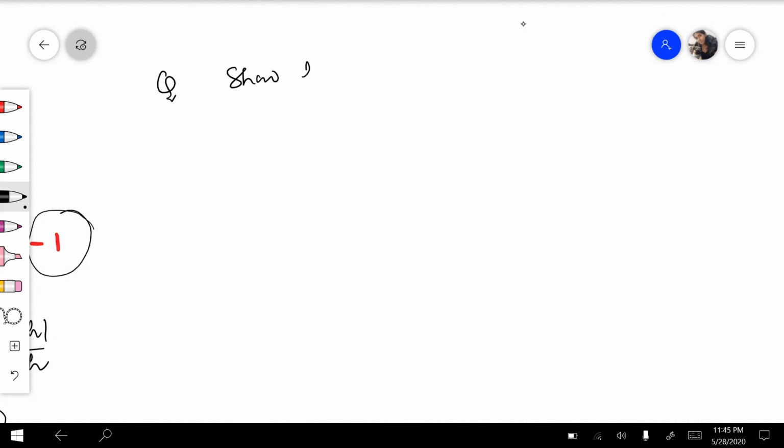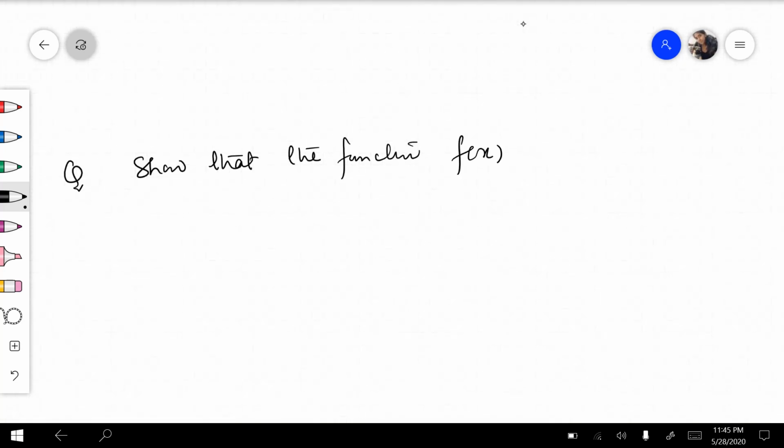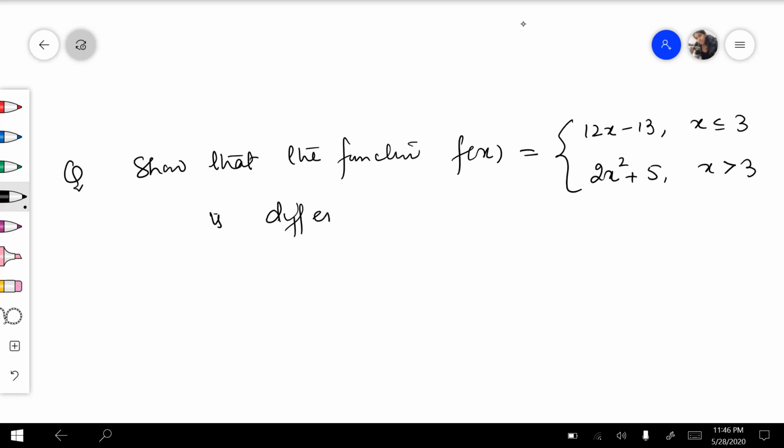Show that the function f of x given by 12x minus 13 when x is less than or equal to 3, and 2x square plus 5 when x is greater than 3, is differentiable at x equals 3.